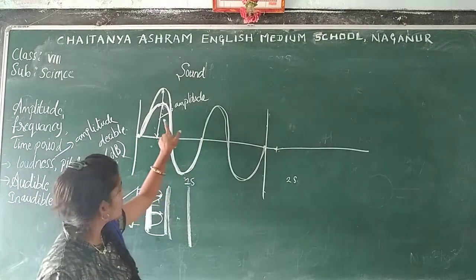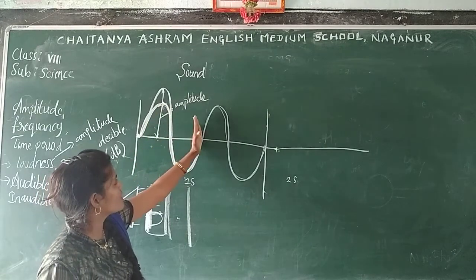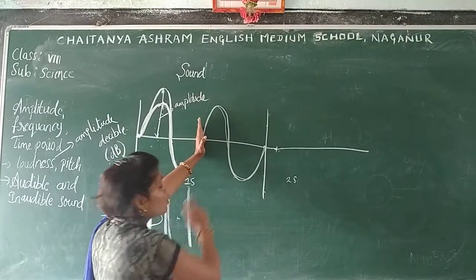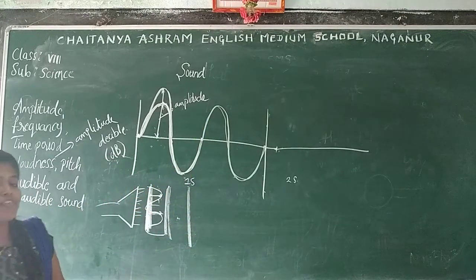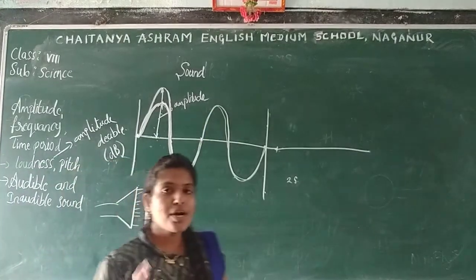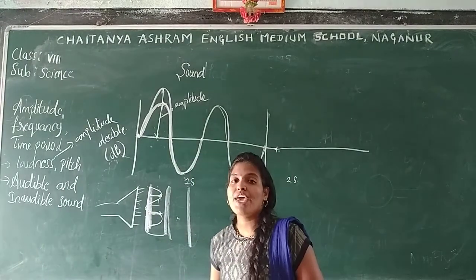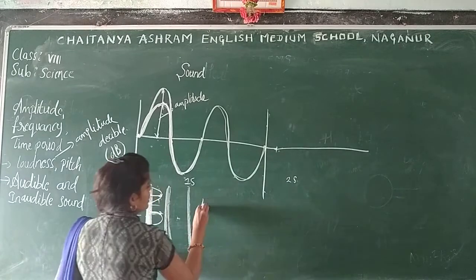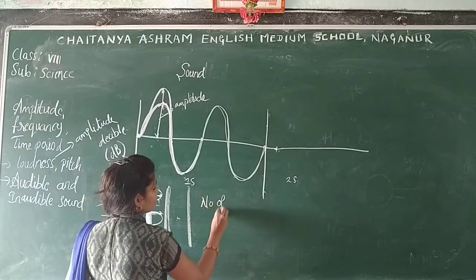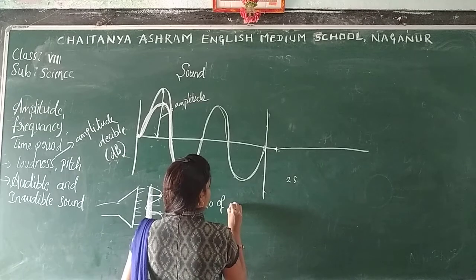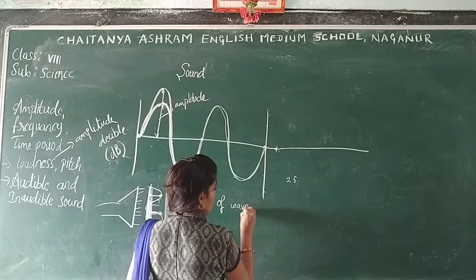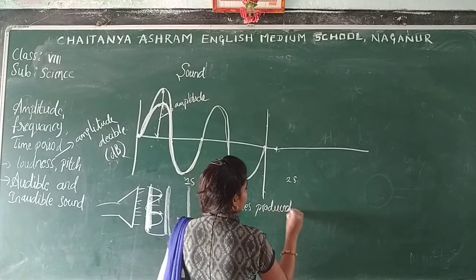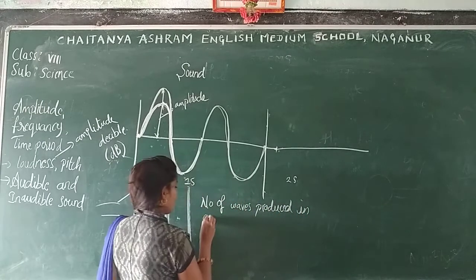One compression and one rarefaction, or one crest and one trough, together we call one wave. So how many waves are there? 2 waves are there. So frequency means the number of sound waves produced in 1 second.